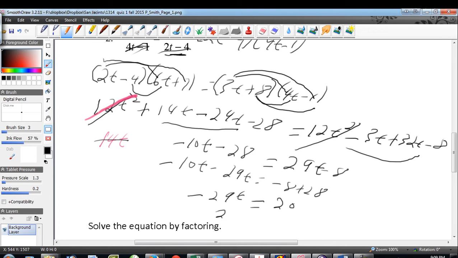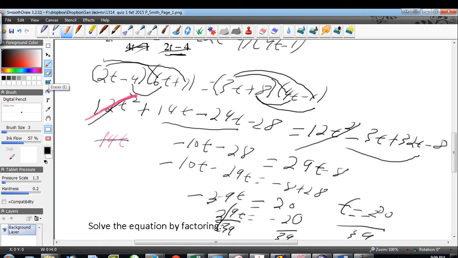You know, I always change the signs first because it's going to prevent that inequality problem later. We're going to divide, this is 39. Now we're going to divide both sides by 39. Bam bam. T equals minus 20 over 39. That's horrible.